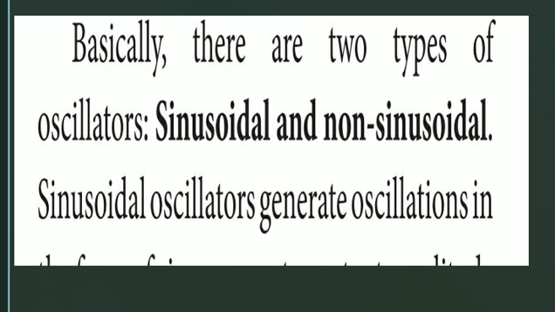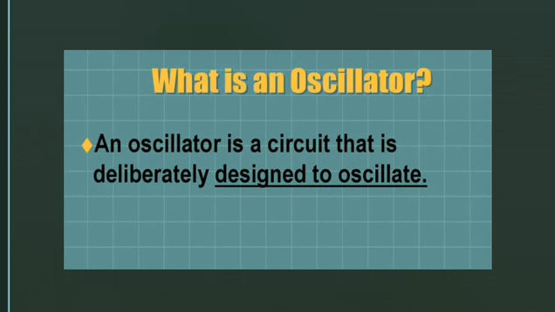The sinusoidal oscillator produces damped oscillations and the non-sinusoidal oscillator produces undamped oscillations. So oscillators are of two types: sinusoidal oscillators and non-sinusoidal oscillators.